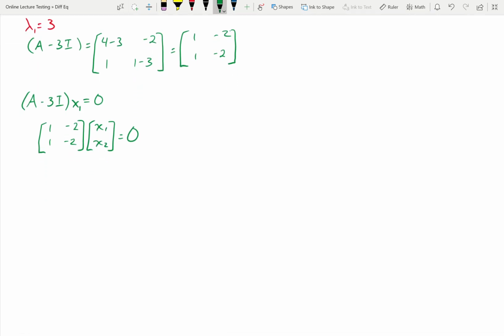If I multiply this out, that gives me x1 minus 2x2 equals 0, and we have 2 copies of that. So if I were to solve this, x1 is equal to 2x2. That means for any choice of x2, we can find an appropriate value for x1.